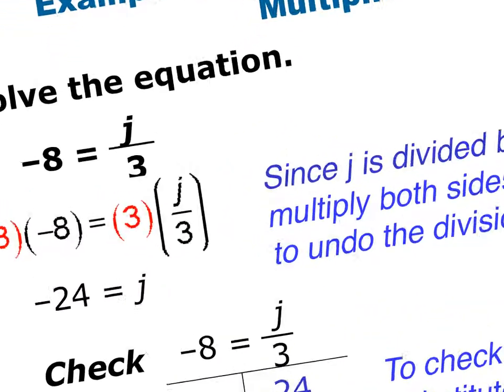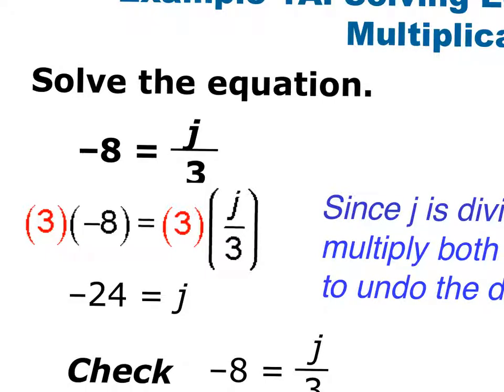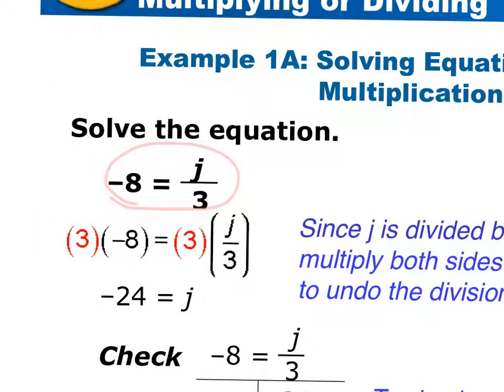Can anyone tell me what type of equation this is right here? Starting out, what kind of equation is it when it's written like a fraction? Division. Okay, what did we just say was the inverse of division? Multiplication. So whenever we solve a division equation, we are always going to multiply both sides of the equation by the number next to the letter.